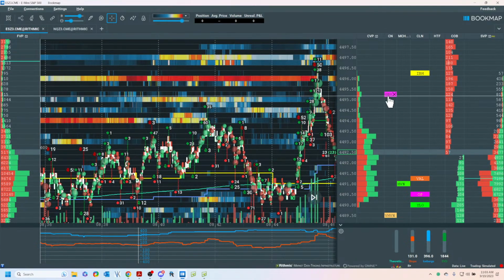Now, that's not a wall. So you understand outside edges of consolidations have stops. So when you come up to a low, this is called a low volume node, which I already showed you, so I'm not going to show it again. But I know there's stops above this. So what tends to happen is when you come up to an outside edge of a consolidation, remember there's two sides in a consolidation.